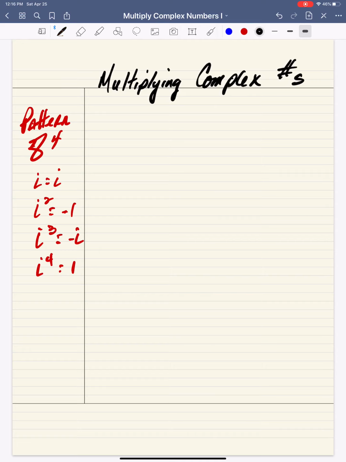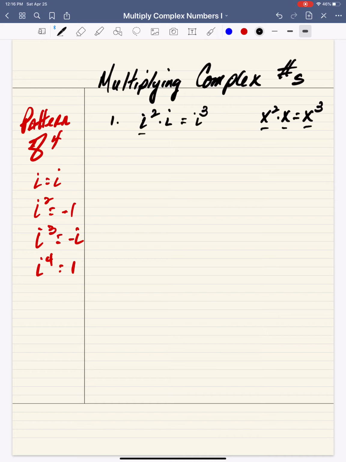So let's try a couple. Let's say you have i squared times i. That's the same as saying x squared times x, which is x to the third, right? You keep the bases and add the exponents. Same thing when you have a complex number. So here you have i squared times i, which is really i to the third.